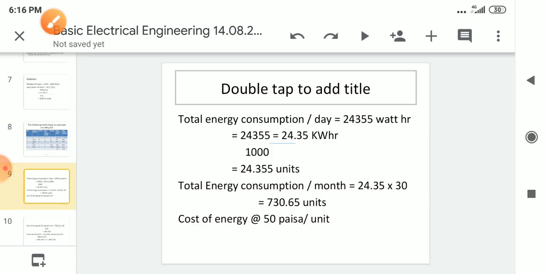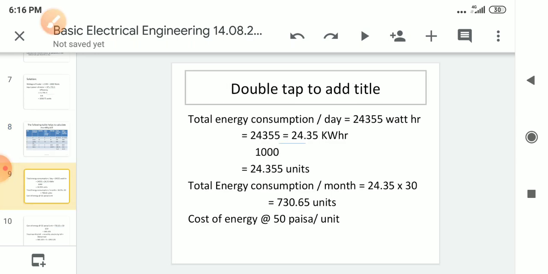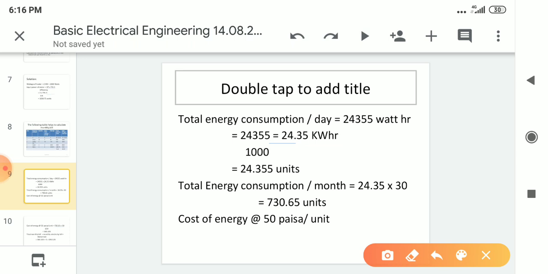Then this is in kilowatt hours, which gives this many units consumed. For every unit they charge 50 paisa. And these are the units for one day. Like that, in our month we have 30 days. So into 30, it gives this many units.